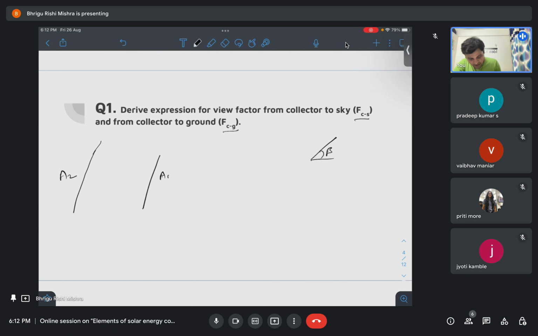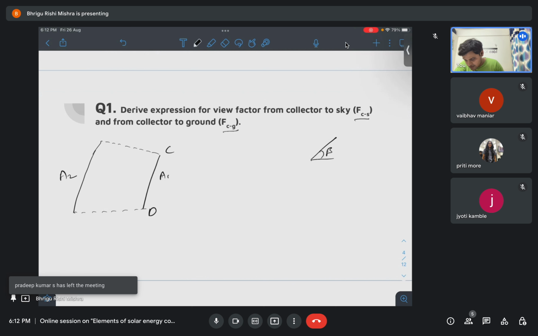So I can connect these two surfaces like this. So you can name it C, D, E, F. I can also connect the diagonals. So CF is one diagonal and DE is another diagonal.